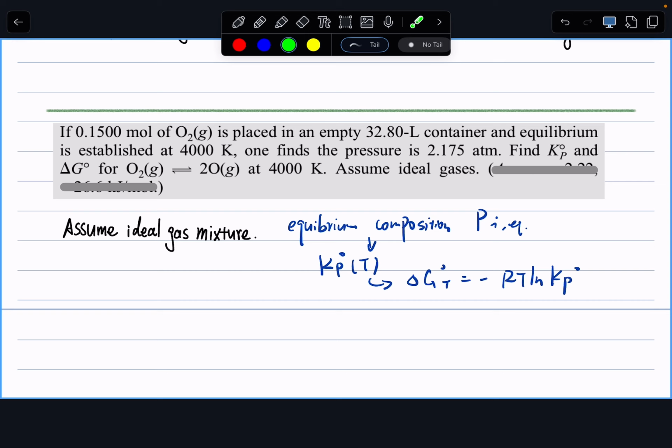Taking together, we have my N total at equilibrium equals N equilibrium of O2 plus N equilibrium of oxygen, and that equals 0.1500 plus xi. And that equals my total number of mole, 0.2172 mole. So we can easily solve for the extent of reaction xi by setting this up. So xi equals 0.0672 mole.